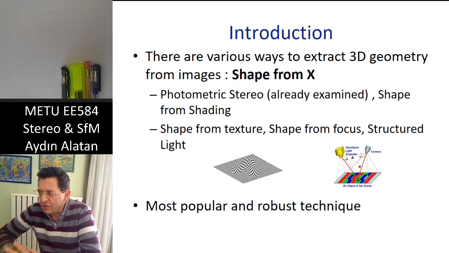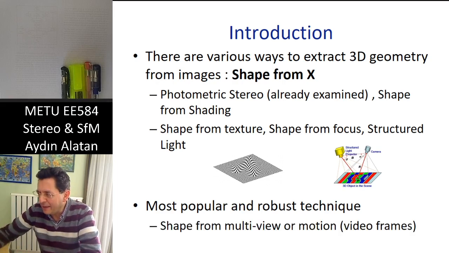And there is no constraint about the scene. It's a very popular and robust technique. Right now, shape from multi-view or shape from motion is one of the most fundamental techniques to extract 3D information from visual data.